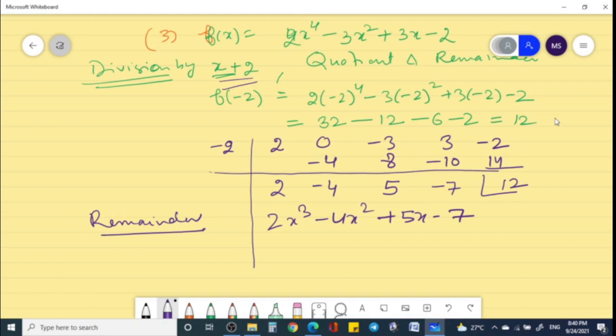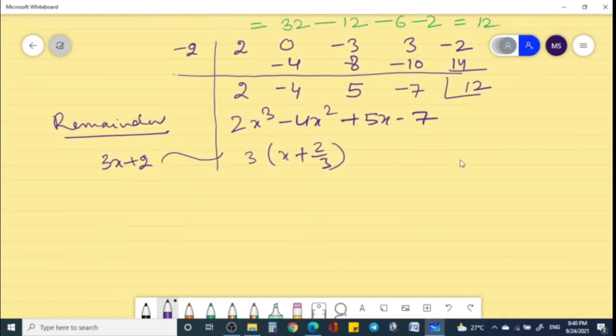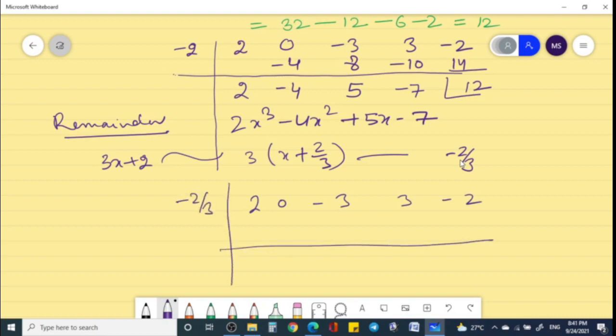Similarly we can divide by 3x plus 2. Instead of writing this, we take 3 common, x minus 2 by 3, x plus 2 by 3, and we will use synthetic division for minus 2 by 3. In this case that will be much more complicated from a computation point of view, because we are dealing with a rational number.